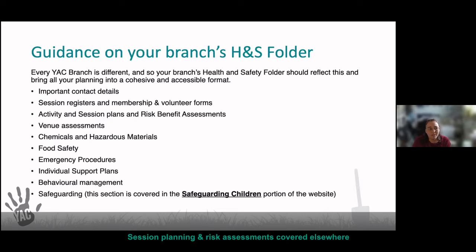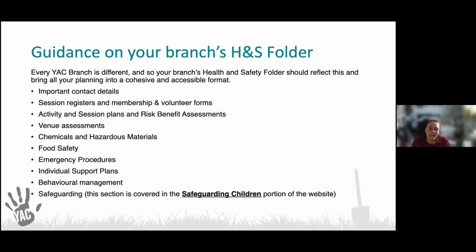So what we've suggested is that each branch creates a health and safety folder where you bring together everything. It could be on a Google Drive. It could be on one person's computer. It's whatever works for you.